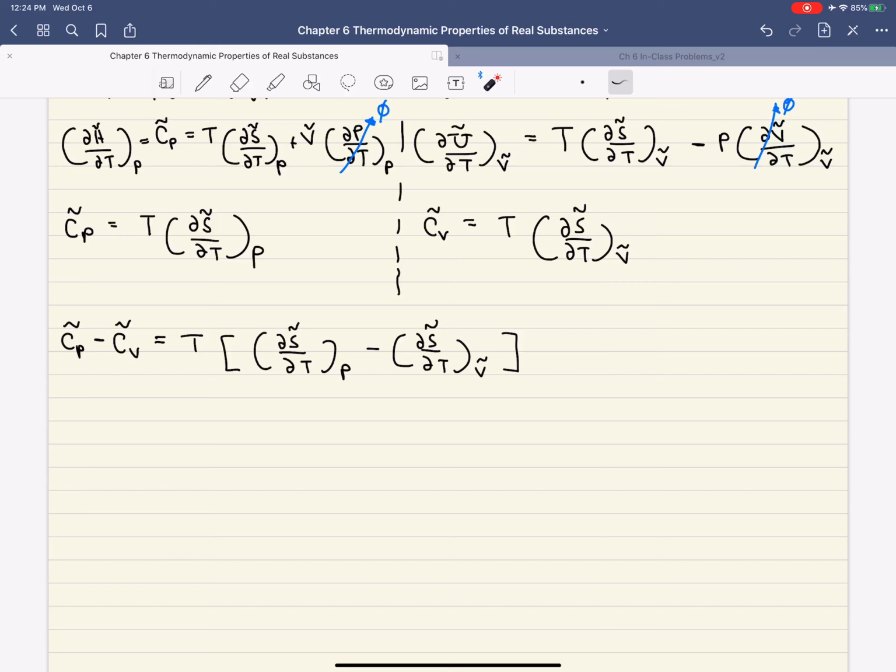First we could check if we could apply a Maxwell relation to transform these. But here we have entropy and pressure, and those two together don't make up any of the conjugate pairs we talked about before. So we can't apply a Maxwell relation there. The same thing is true for the second partial derivative. S and V don't make up a conjugate pair. Okay? So we can't apply our Maxwell relations yet.